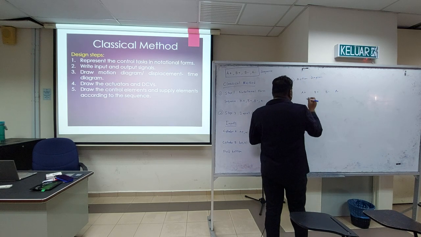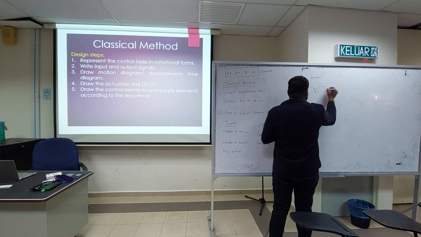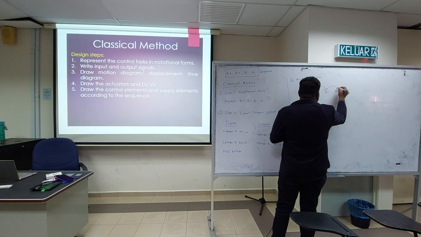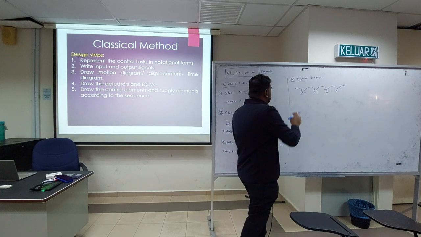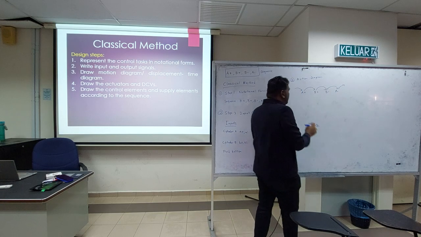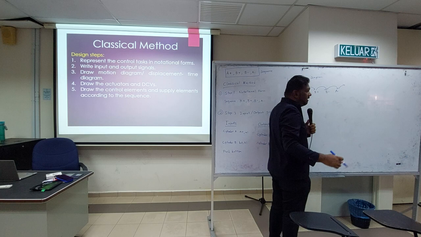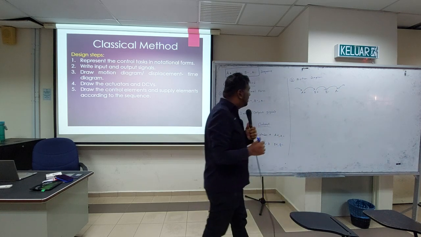Okay, so we know the sequence. So lukis arrow dulu. Okay, so selepas ni dia akan start ini, yang ni. So it must be coming from somewhere kan untuk bagi input. Okay, so draw. So first lukis 3, kemudian coming in and also going out. Okay, so first motion diagram.